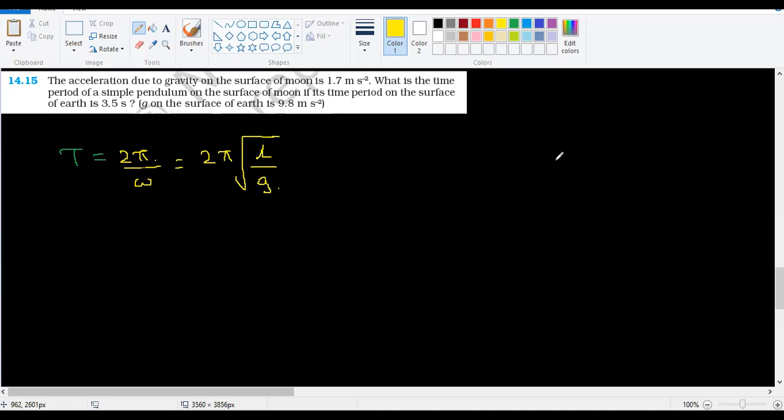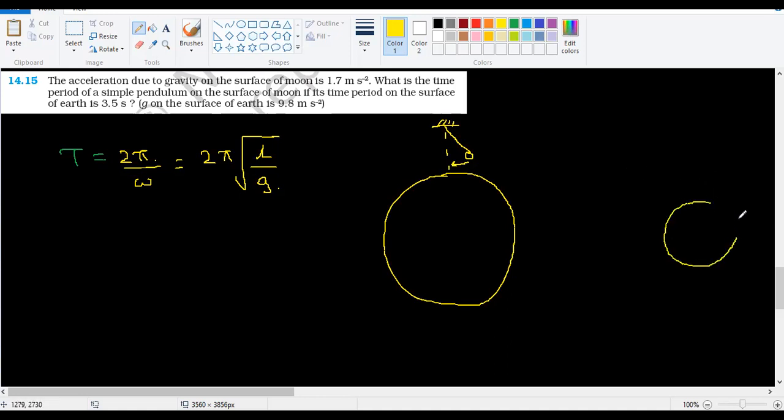Suppose if you are on the earth, the pendulum will come down very quickly. I should not say suppose you are on Earth, we are on Earth. But suppose if you are on Moon, same pendulum, the gravity pull is very slow, which means it's going to come down very slowly, something like a slow motion.